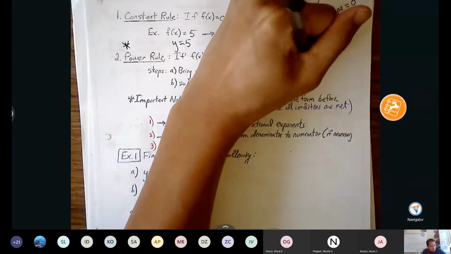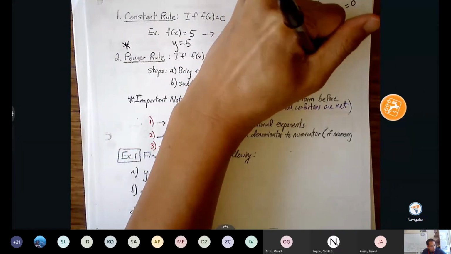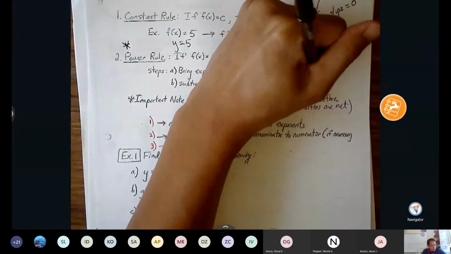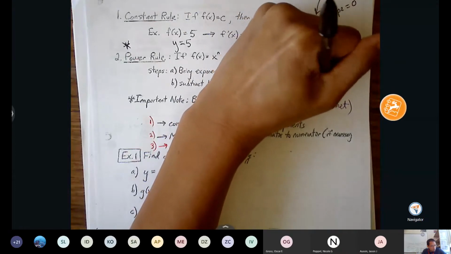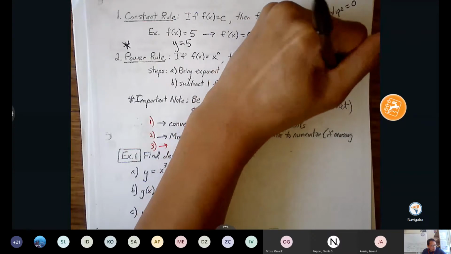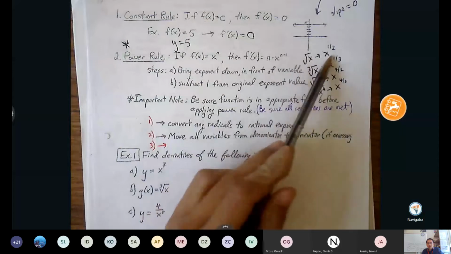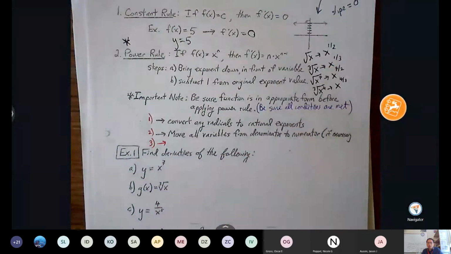If I see cube root of x, I want to rewrite that as x to the 1/3. If I see square root of x to the 7th, I want to rewrite that as x to the 7/2. If I see the cube root of x to the 4th, I want to rewrite that as x to the 4/3.